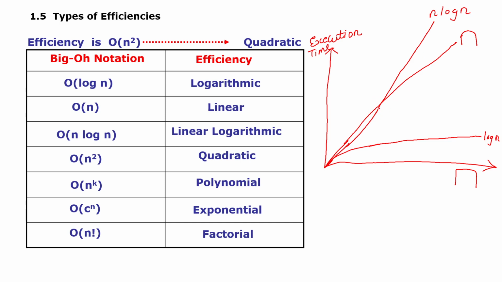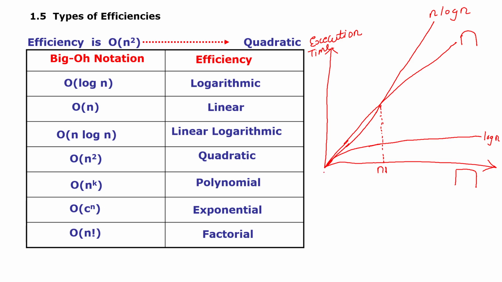So let's understand that. Now this intersection point, I will bring this intersection point onto the x-axis. And let's say I call it n1. n1 is some value of n. Now, if you see carefully, from the origin till here, the graph of linear logarithmic is below linear.